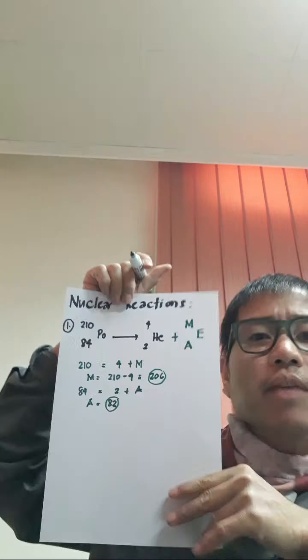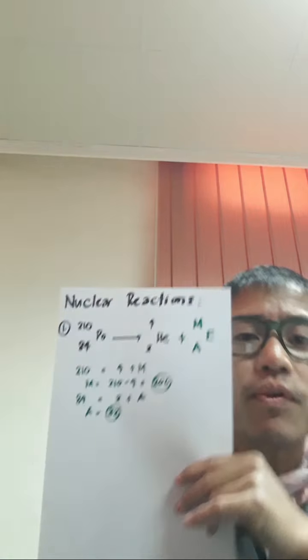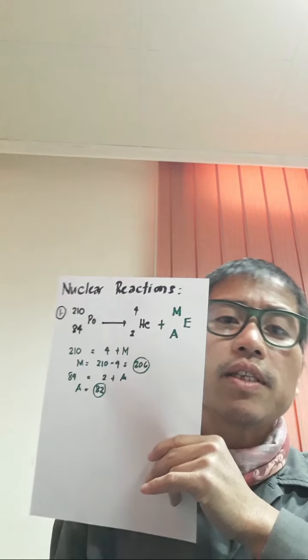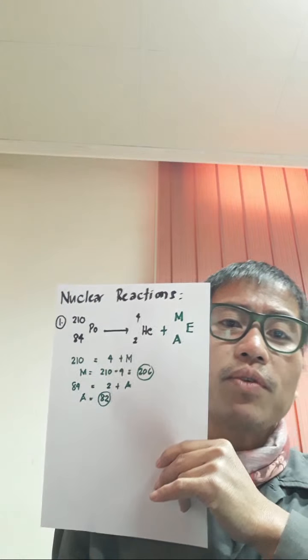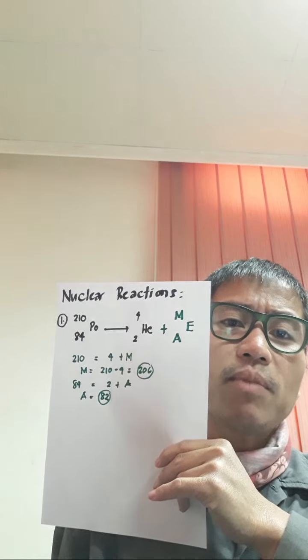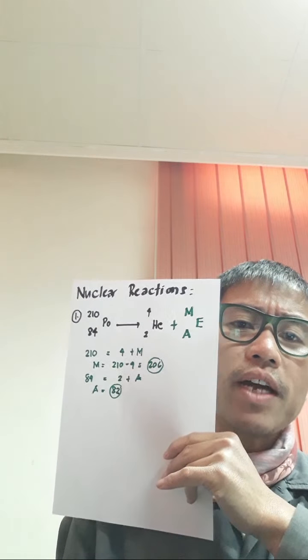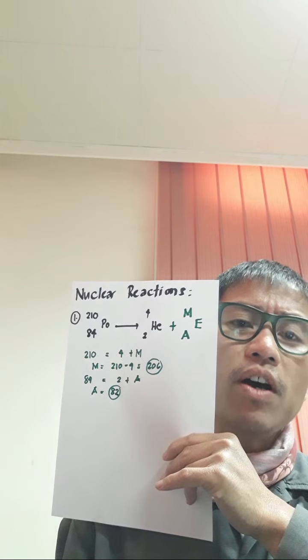So if we try to understand this in a quick manner, the total mass number of the reactants will be equal to the total mass number of the products. The total atomic number of the reactants will be equal to the total atomic number of the products.